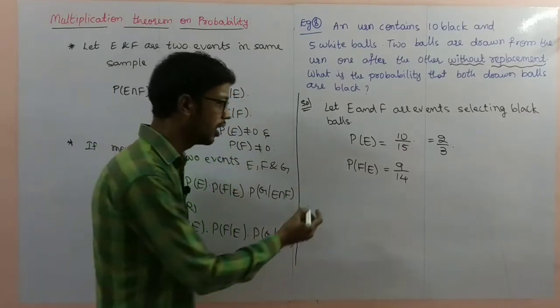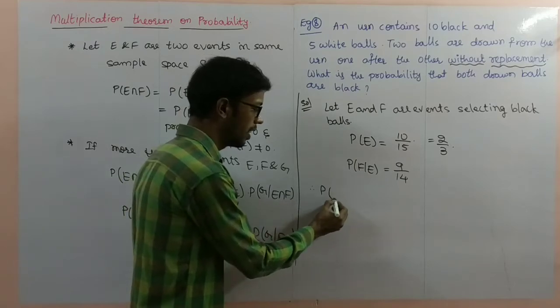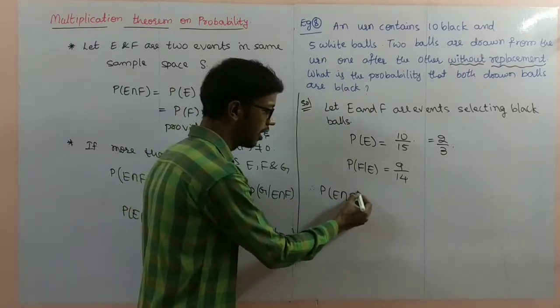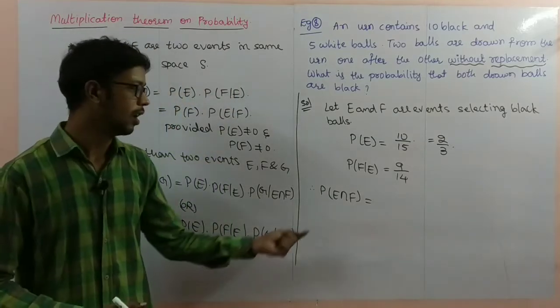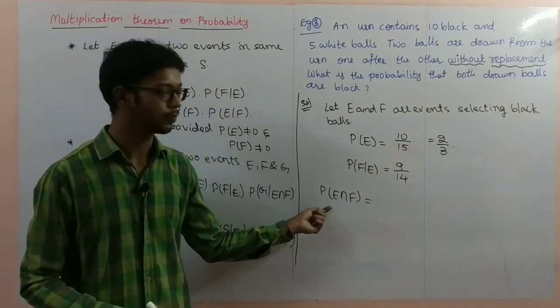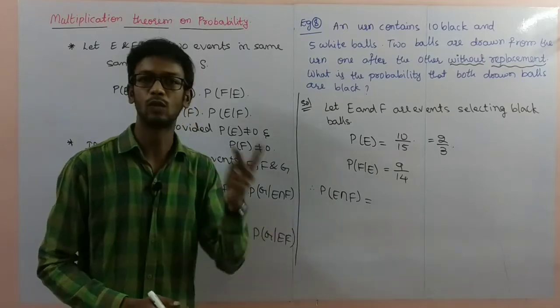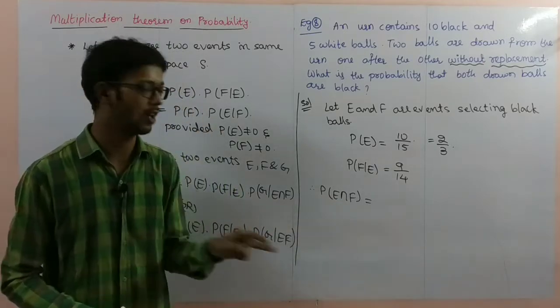Next, what do we need? By the multiplication theorem, P of E intersection F means the probability that both selected balls are black.